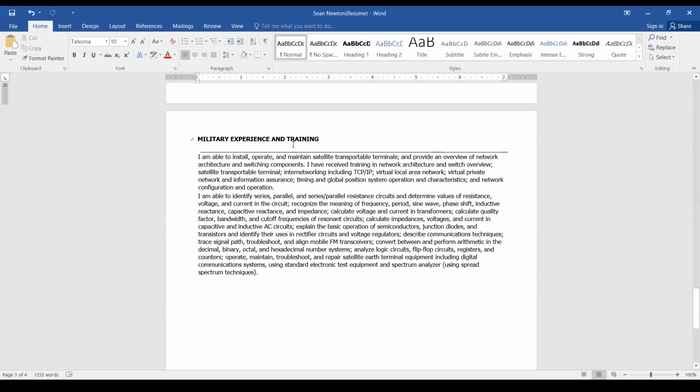Your military experience and training is a very useful and excellent paragraph. This is something that in a very condensed form, depending on the job. Now, both of your jobs are IT, but they're a little different. So depending on the job you're actually applying for, you would include this in the cover letter.